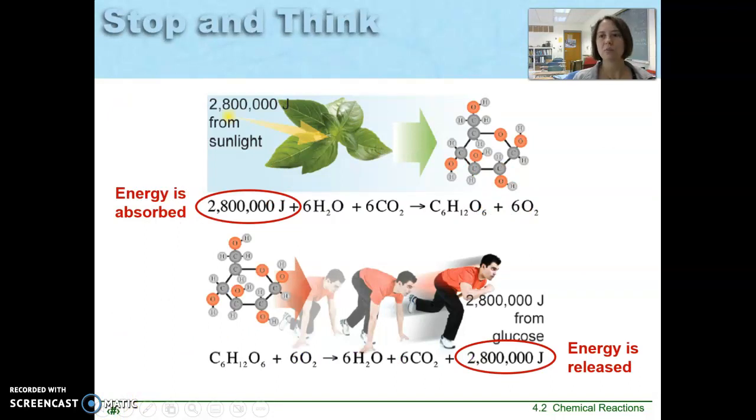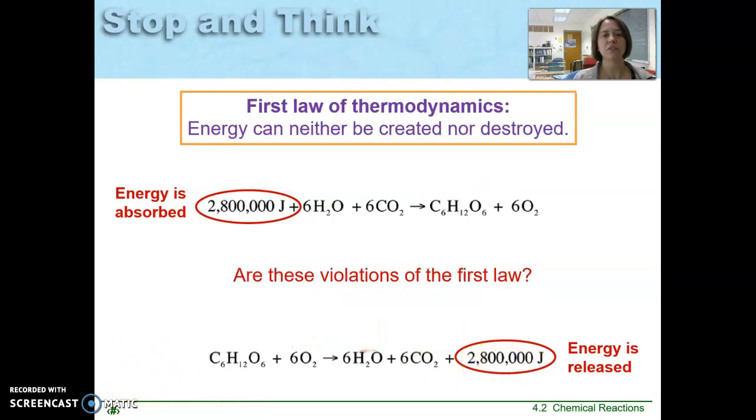So how do these two processes relate? In photosynthesis, 2,800,000 joules are absorbed for every 1 mole of glucose that is created. And in cellular respiration, for every 1 mole of glucose that you break down, you get 2,800,000 joules of energy.